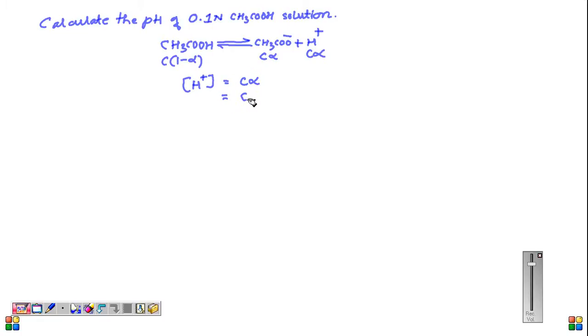But we have shown that the value of alpha is root of Ka divided by C, where Ka is the dissociation constant of acetic acid. Here the value of the dissociation constant of acetic acid is given.